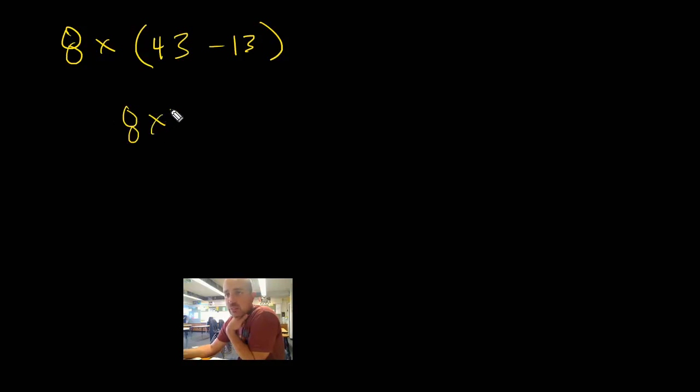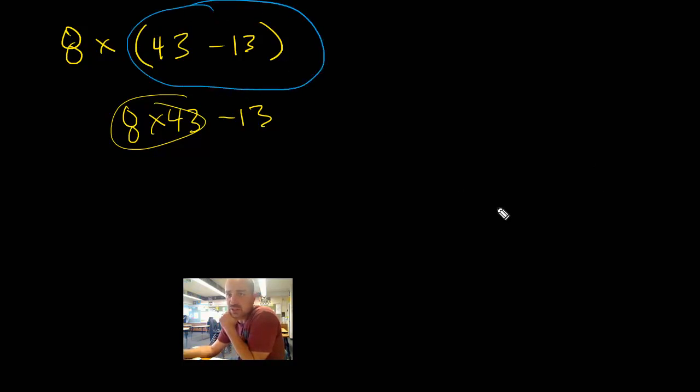We have 8 times 43 subtract 13. All right, so taking a look at this, if you read this out loud, you would say 8 times 43 minus 13. And if you said that, well then that to me could sound like 8 times 43, minus 13. And if that's the case, then I would be multiplying these two first. But that's not the case. What these parentheses are telling us is that we need to do this first. And so we have a way of saying that, right?